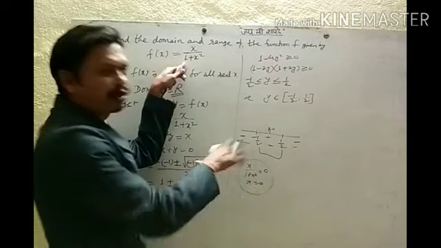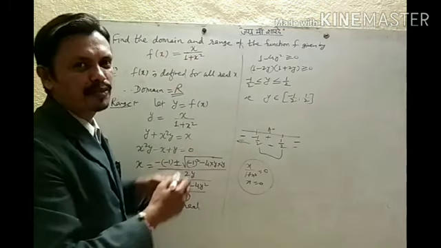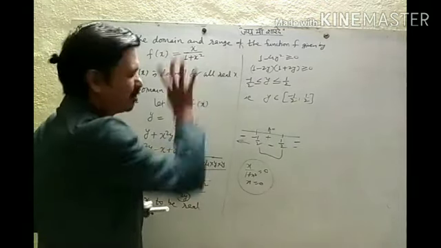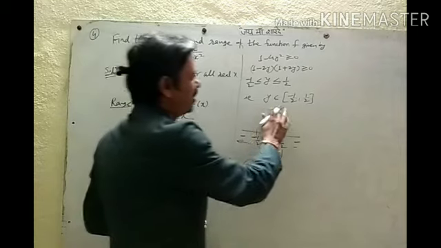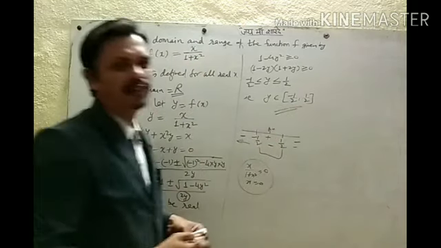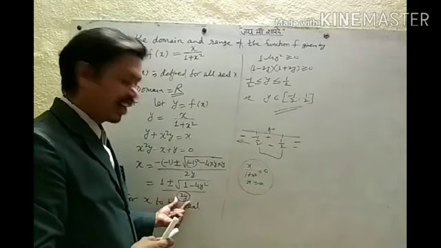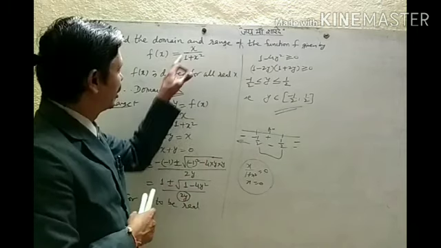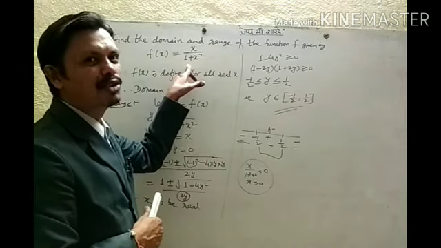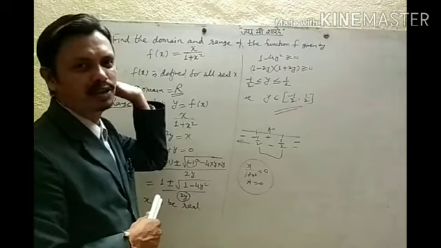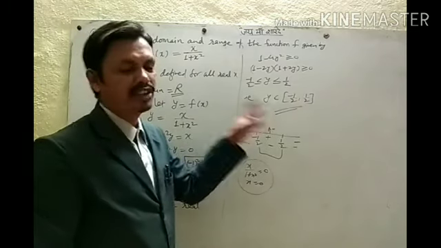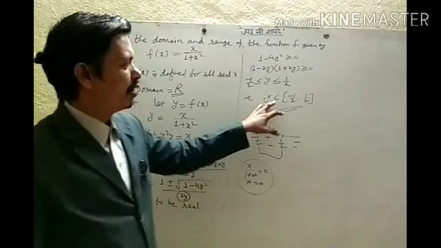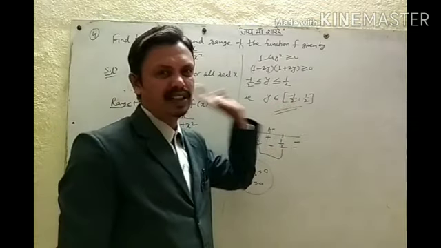So for x equal to 0, y is 0, which means y can take 0, no problem. So our range is minus half to half only. From this, we were getting y not 0, but it is giving y equal to 0 when x is 0. So we can include 0. The range will be minus half to plus half.